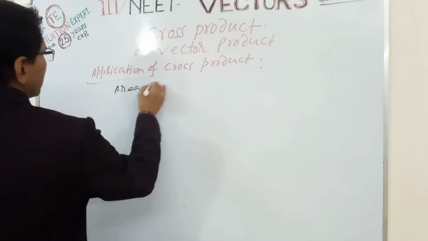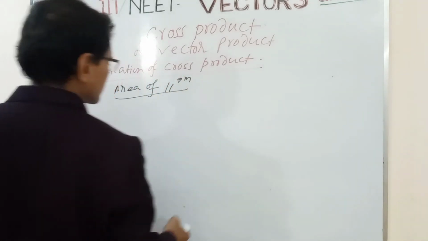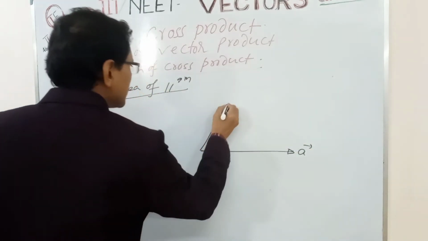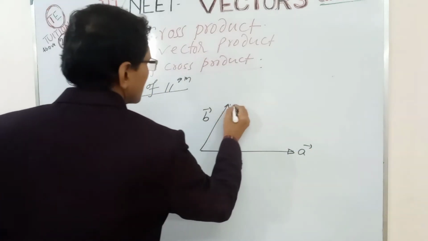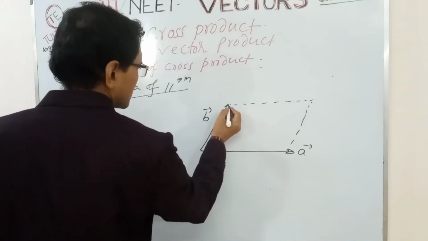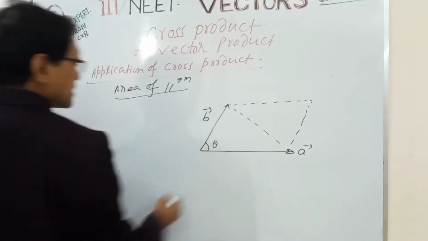Next, area of parallelogram. Suppose this is a, this is b. The angle between a and b is theta.